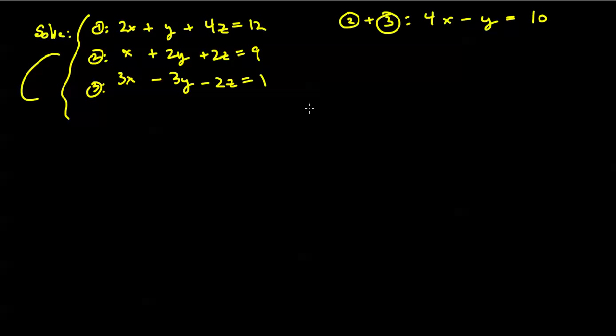Alright, now step 3 says to pick a different pair and eliminate the same variable. We're going to want to eliminate the z variable. I'm going to take equation 1 right here and add it to equation 3 multiplied by 2.